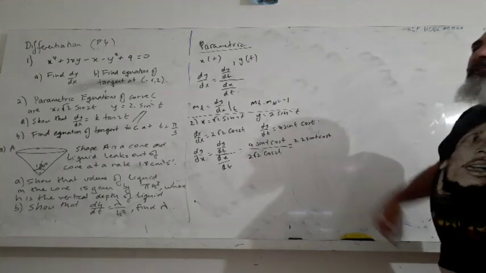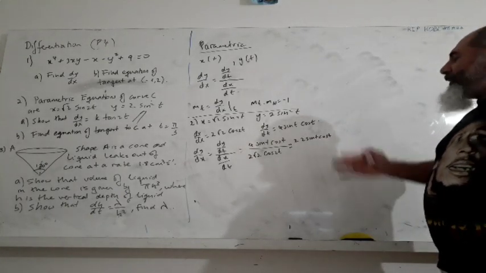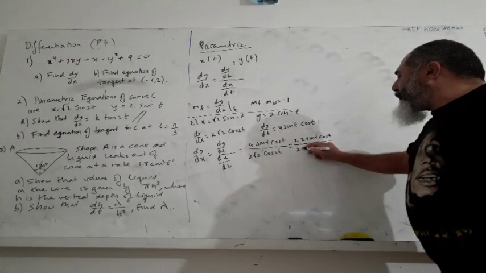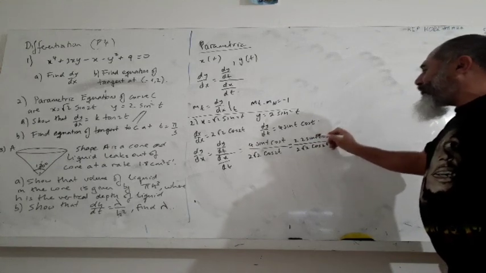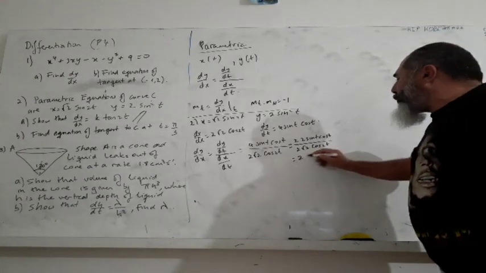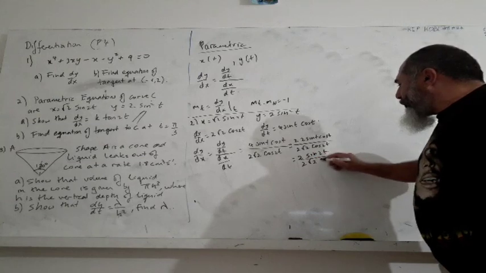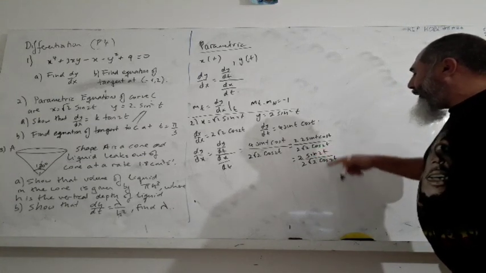So in place of 2 sine t cos t, I am going to put 2 sine 2t over 2 root 2 cos 2t. And sine 2t over cos 2t is tangent 2t.